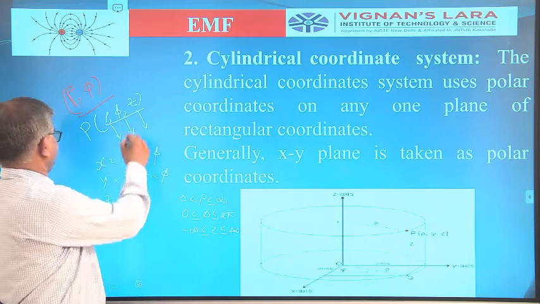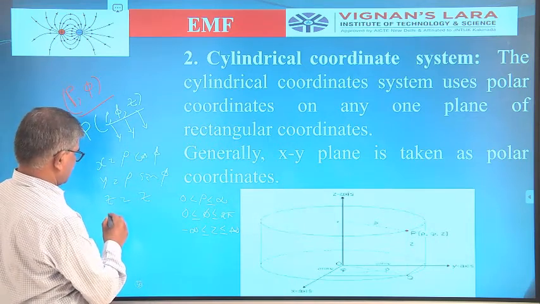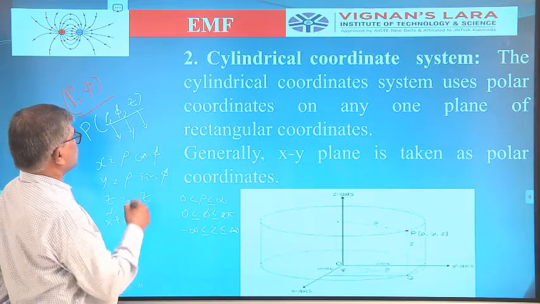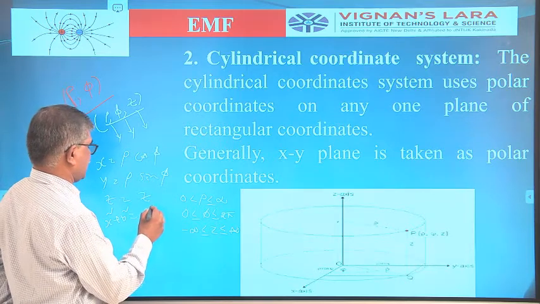So here x square plus y square equal to rho square cos square phi plus rho square sin square phi, that equal to rho square.